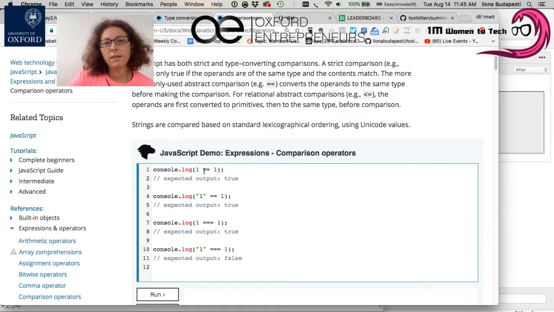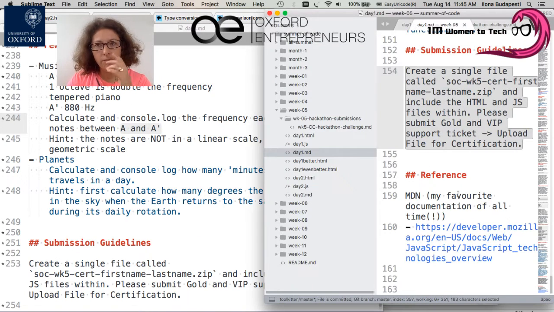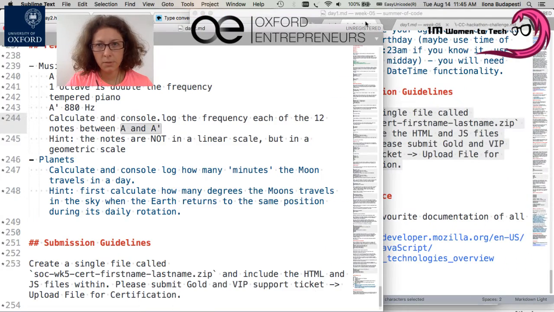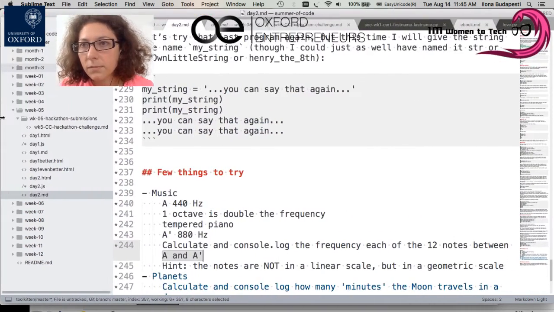I mentioned very briefly that there are 3 types of equal signs in JavaScript. The first one we did today, which is assigning a variable. It's a little hard because this question is quite advanced, so if you're a beginner, please don't worry too much.